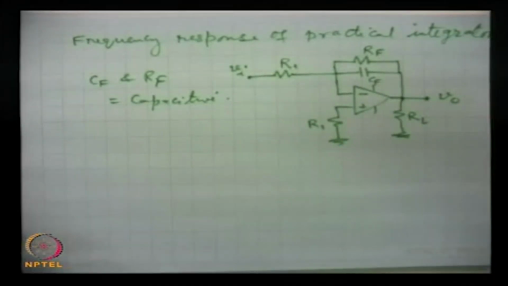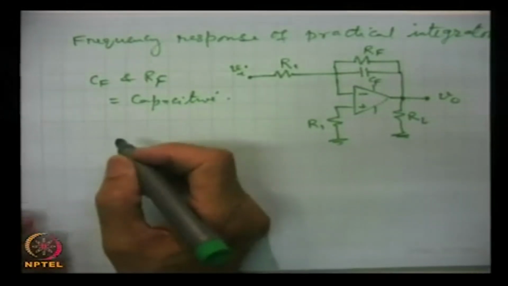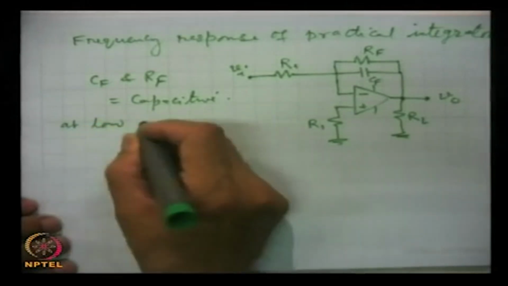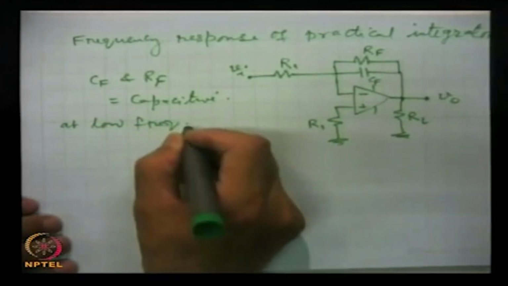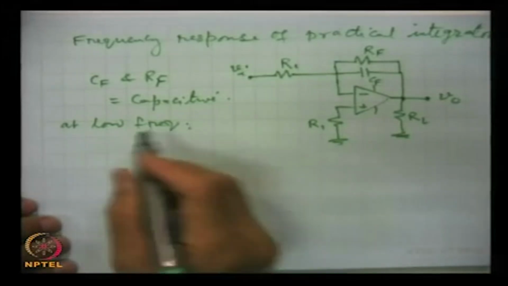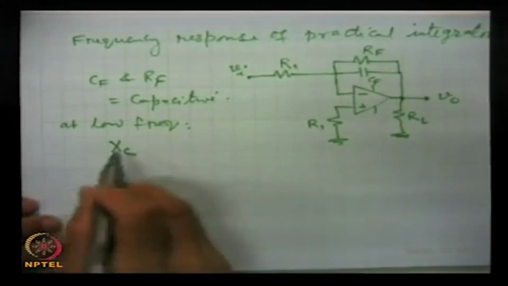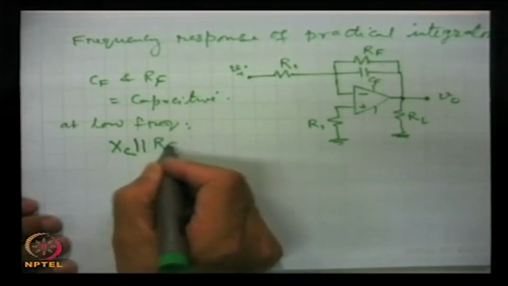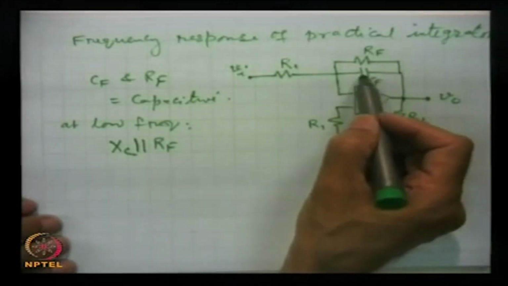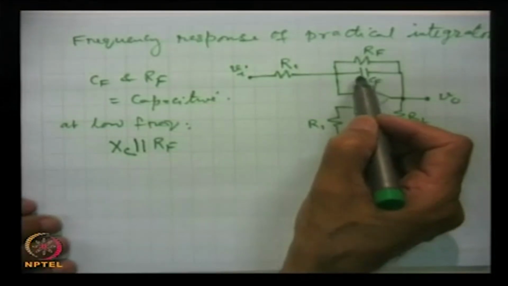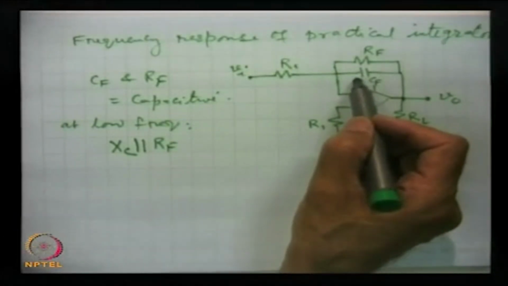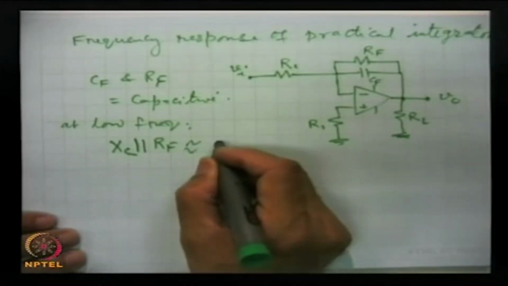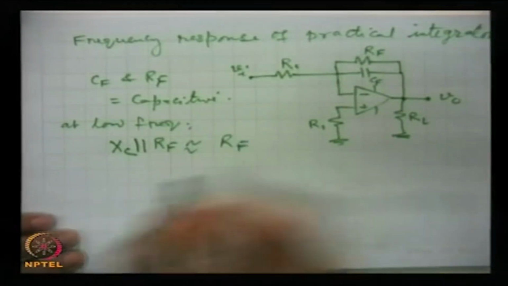And we know that at low frequencies, the parallel combination of the reactance of this capacitance in parallel with RF will be very high, the reactive impedance of the capacitance will be very high, and this parallel combination will give the effective value as RF.